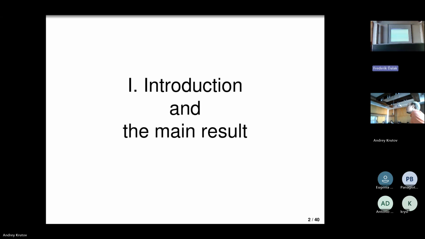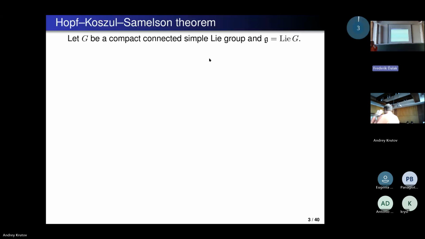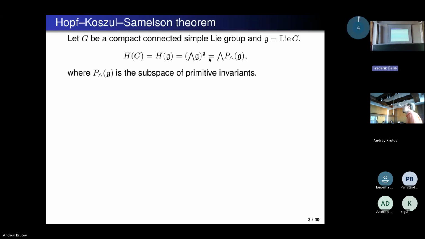Later, we will start with the first step, the classical Hopf-Koszul-Samelson theorem that describes the homology of a simple compact group G. Things are connected. We know that it's isomorphic to the cohomology of the Lie algebra with trivial coefficients.